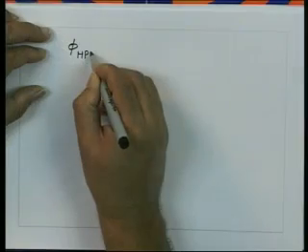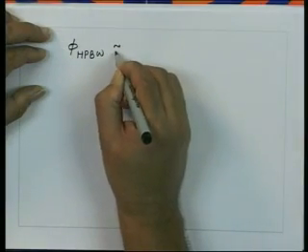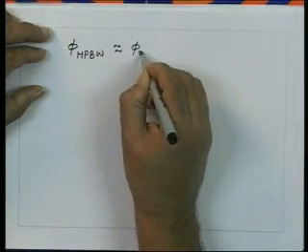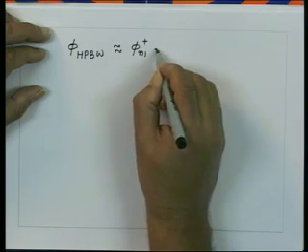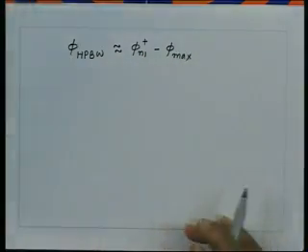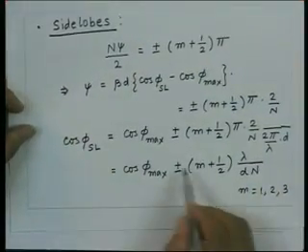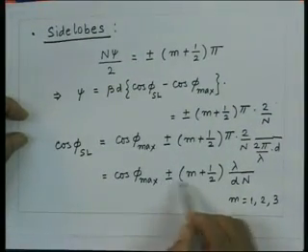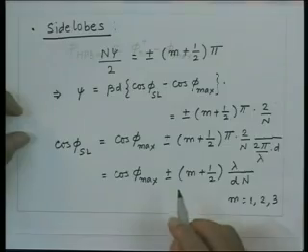So let us say I use this expression, which says the half power beam width is approximately equal to phi n1 plus minus phi max. Now, the phi n1 plus would correspond to, if you take this plus sign, m equal to 1.